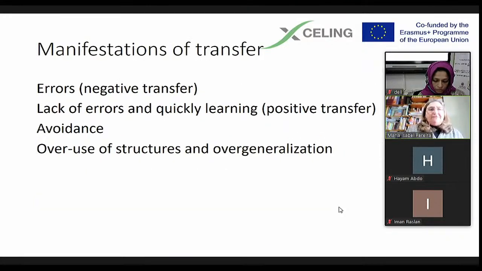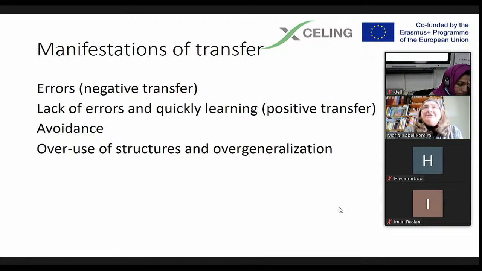Manifestations of transfer. There are several ways we can observe transfer working in the speech of L2 learners. Well, of course, the most common is errors.